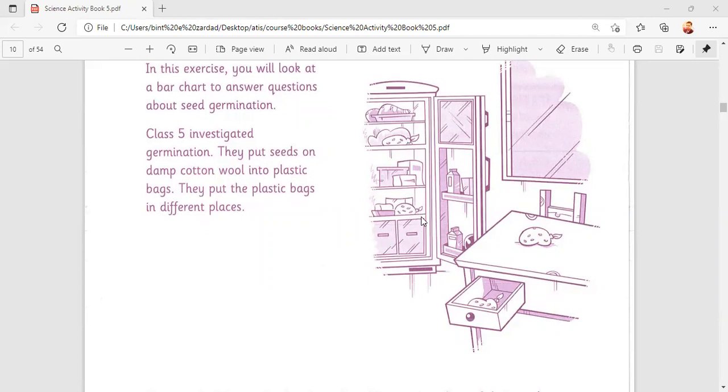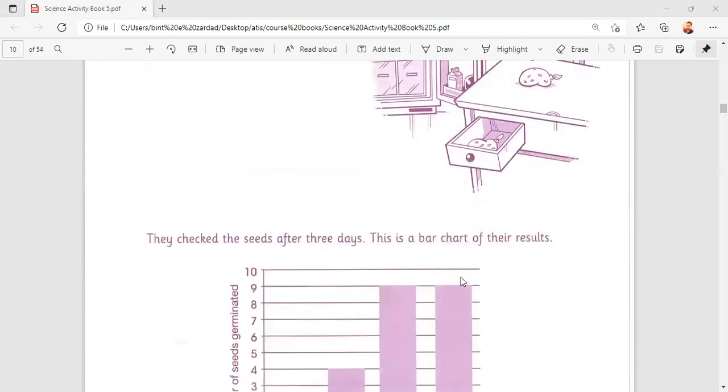If you put meat in the fridge, it becomes smelly in one or two days, so meat and ice cream need a colder place. So they put one bag of seeds in the freezer, one in the fridge, one on the table, and one in the drawer.